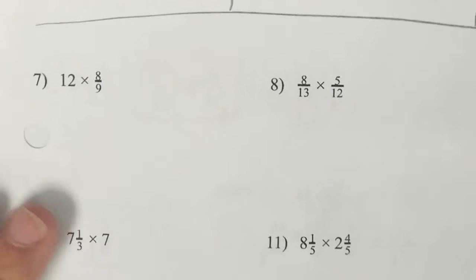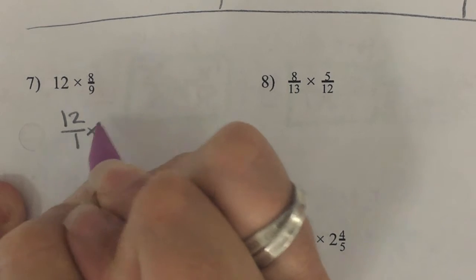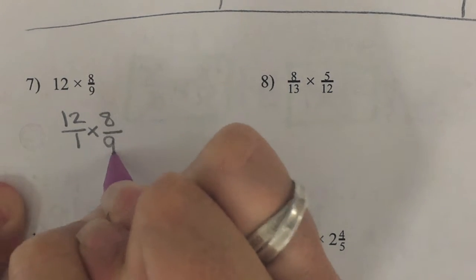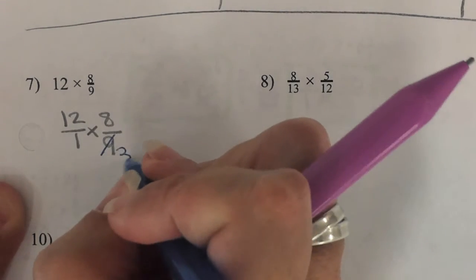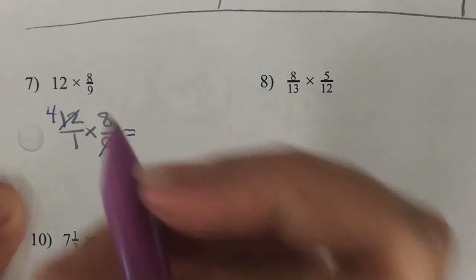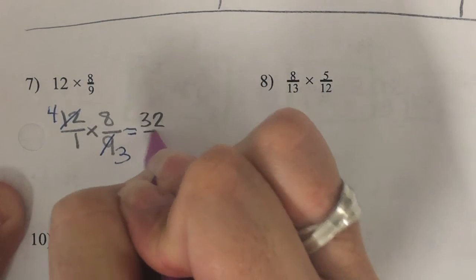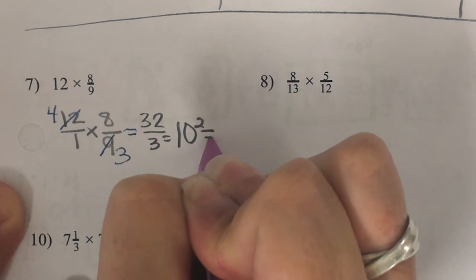Go into number 7. Okay, 12 over 1 times 8 over 9. Honestly, I'm going to simplify by 3. So I get 32 over 3, which is 10 2/3.